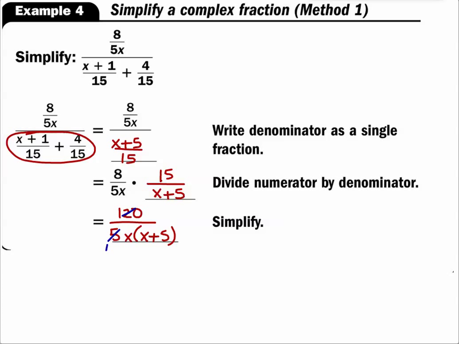You can divide them both by 5, and 120 turns into 24. So it's really 24 over x times x plus 5. There we go. That's all, finally, for page 3. Thank you for watching.